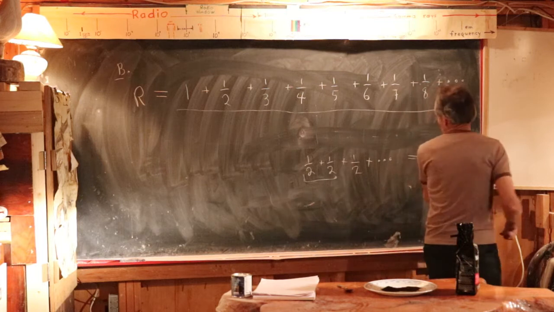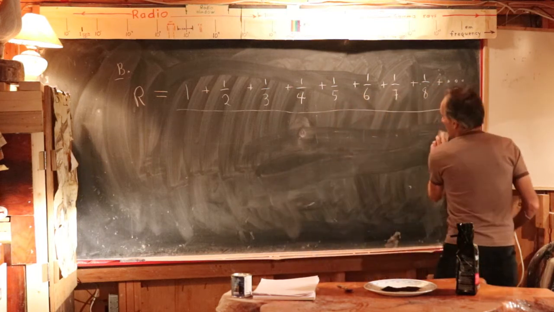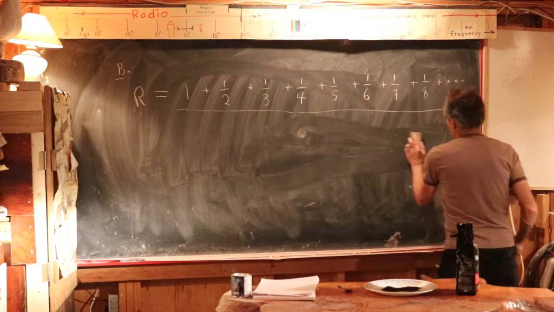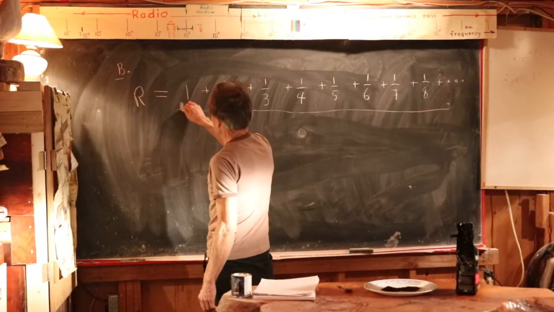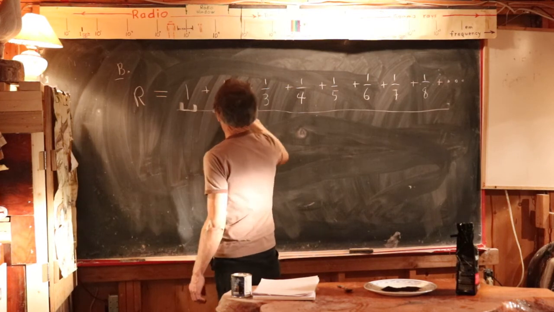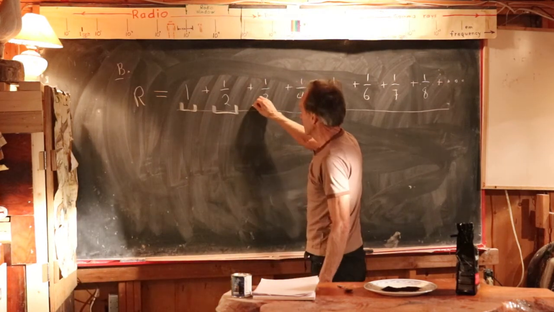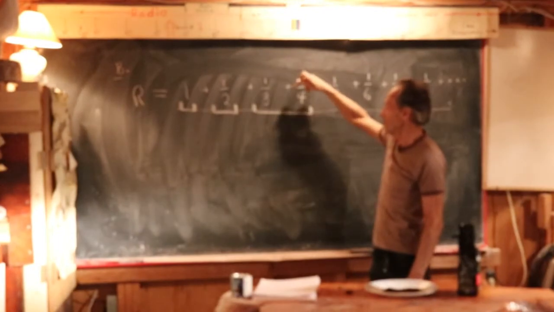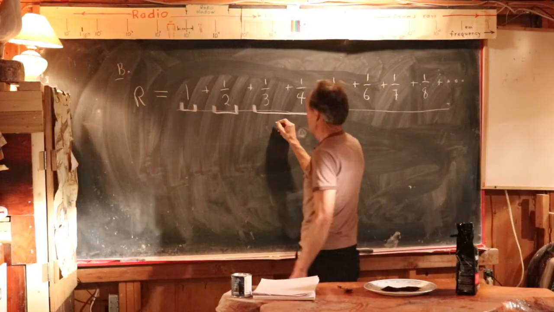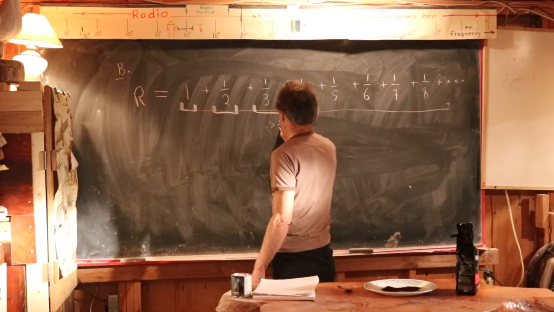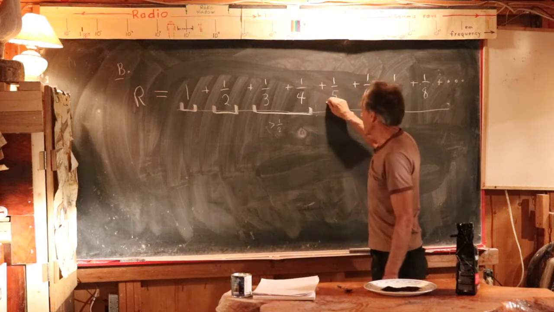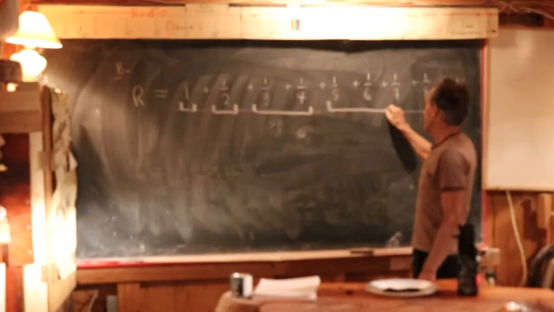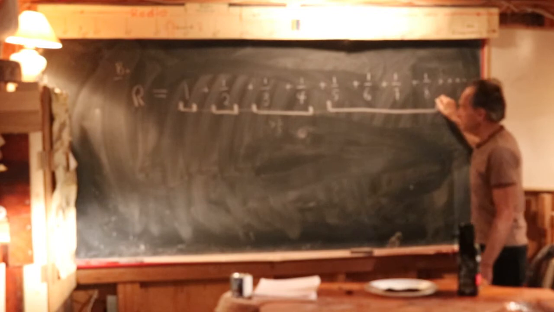I want to group the terms so that each term is at least a half. There, that's at least a half. That's a half. And then I group them like this. I get the next two here. And the smallest one of these two is a quarter. 2 times a quarter is a half. So this is bigger than a half. That's greater than a half. And if you go slow and think about it, I'm going to take the next 4 of them, take up to here.